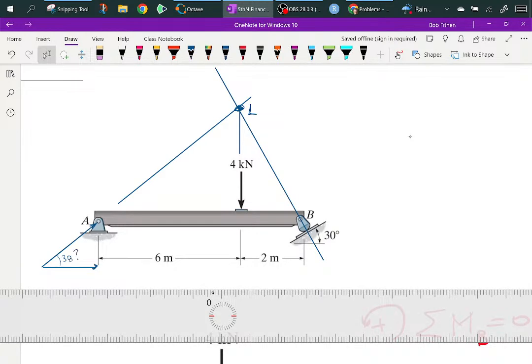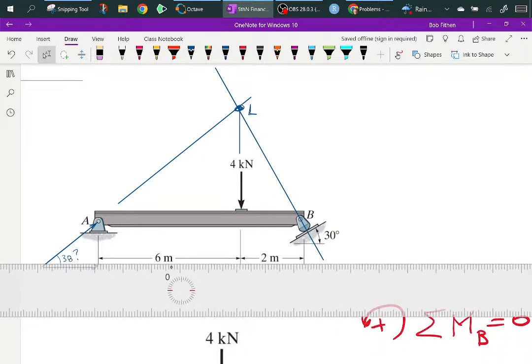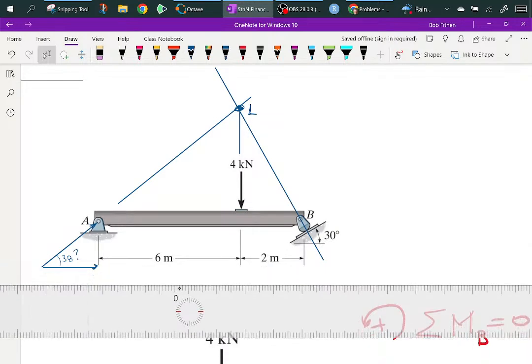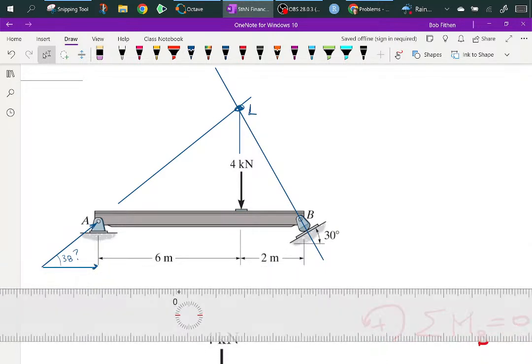Now, this is me putting a question mark because the first thing this has to work is it has to be everything to scale. I'm not sure that's the case, but here's the deal. I can sum the moments about L equal to 0.